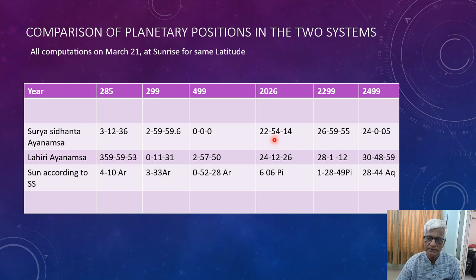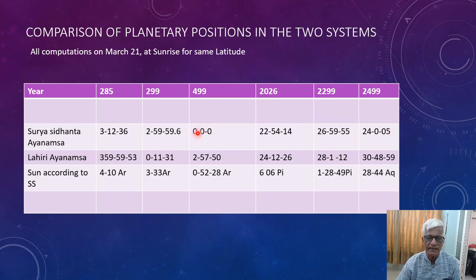In 2026, as of today, the Ayanamsa is 22 degrees 54 minutes. After 1800 years from 499, in 2299, the Ayanamsa will become 26 degrees 59 minutes 55 seconds, which is around 27 degrees. And further onwards, after 200 years or so, you will see that the Ayanamsa has decreased.